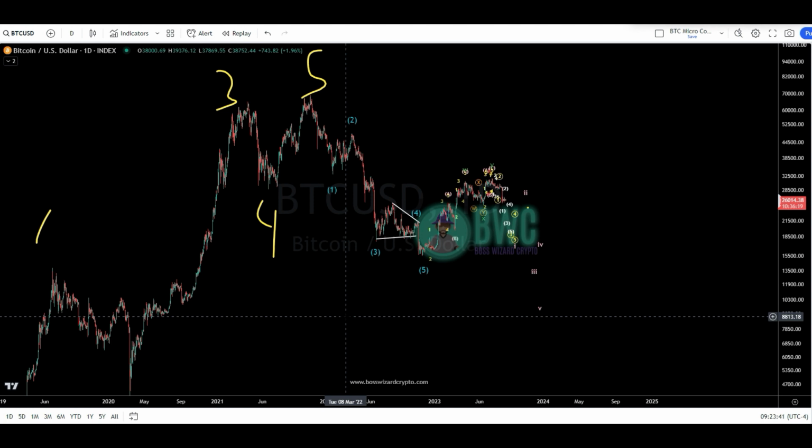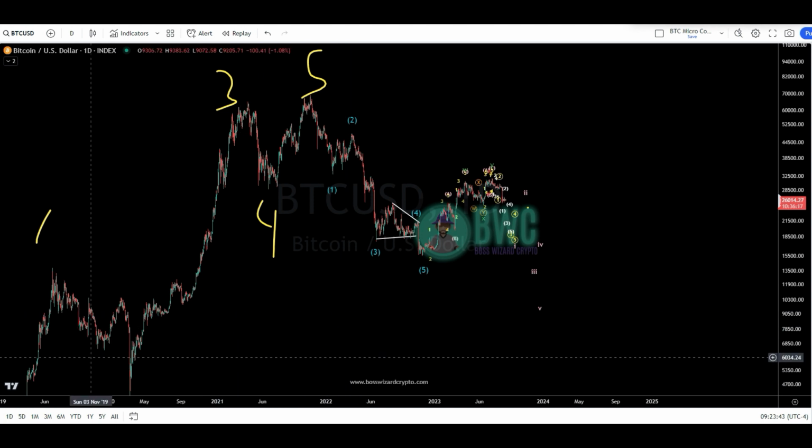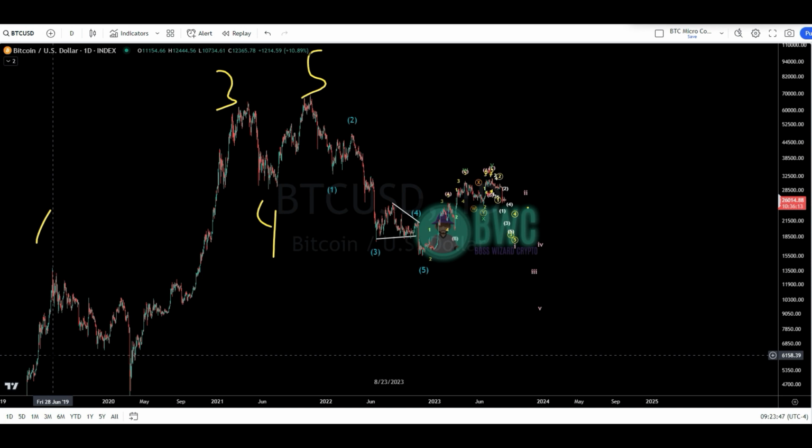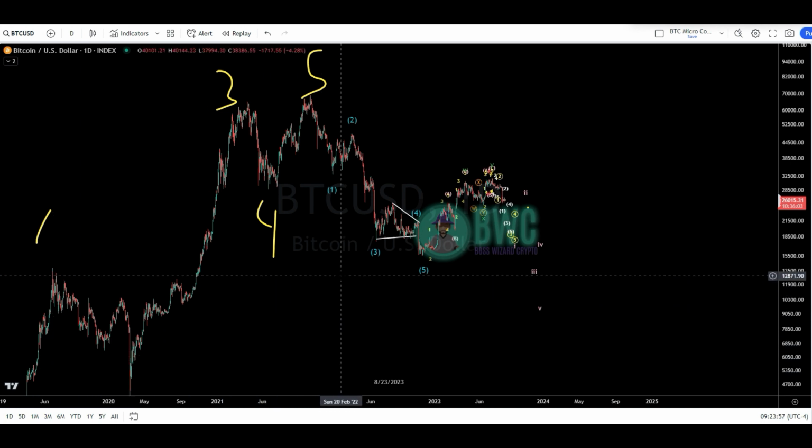And then let me tell you another thing: combinations within combinations is not legal. It's not even a debate. It is literally a line out of the book, word for word. A combination combines simple patterns.